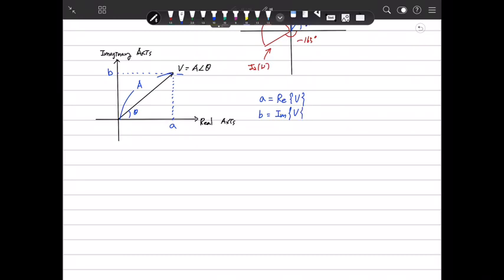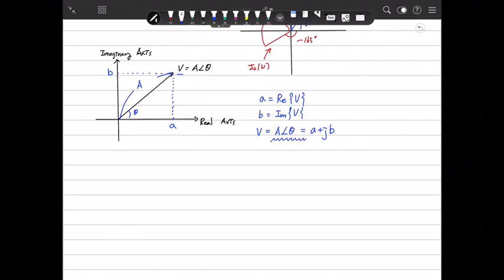So V can be expressed in polar form, magnitude and angle, or in rectangular form, which is A plus jB.